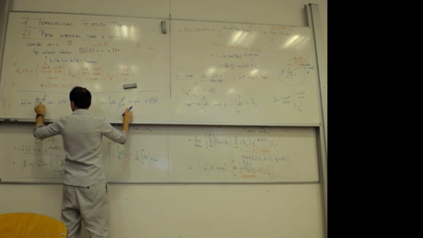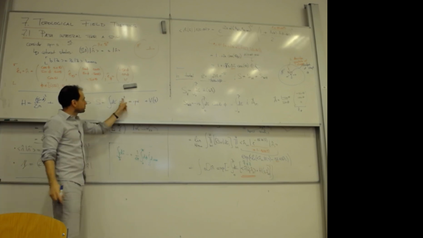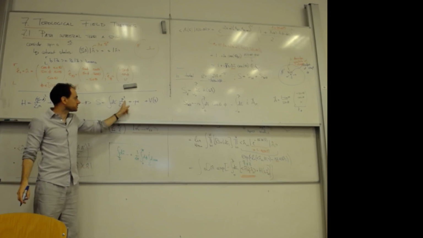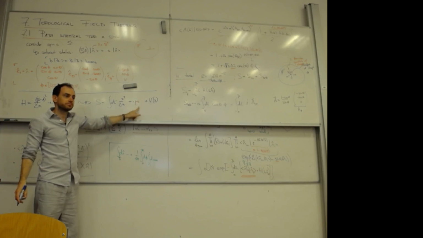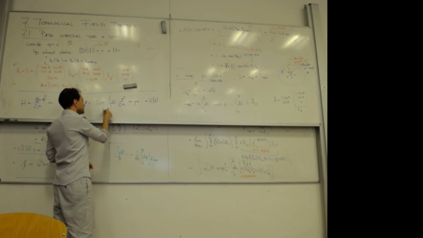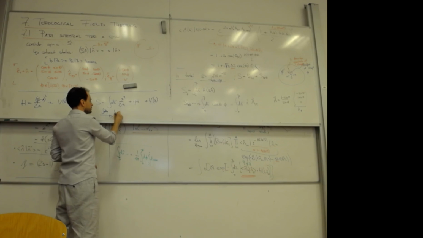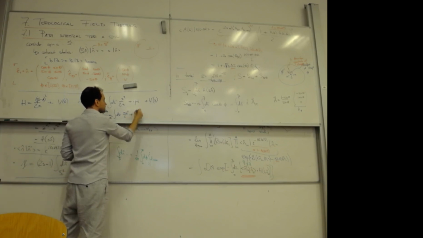Maybe I should also say that once I integrate over P, it's just a Gaussian integral, I get back to this m x dot squared over 2 plus V of x.